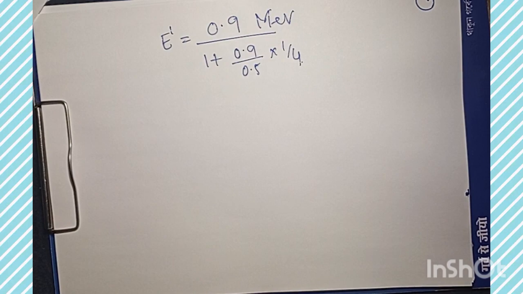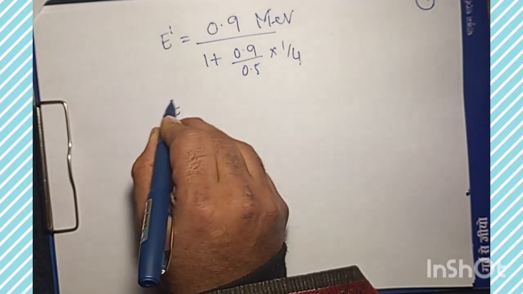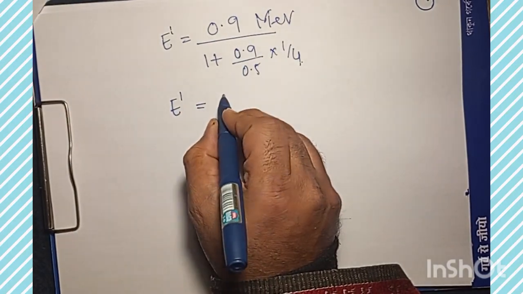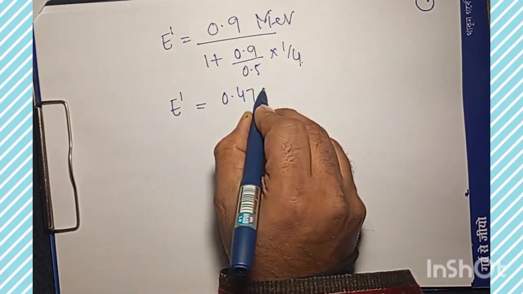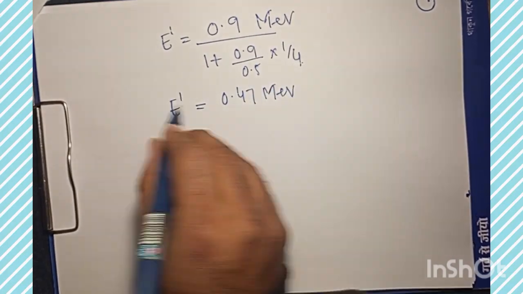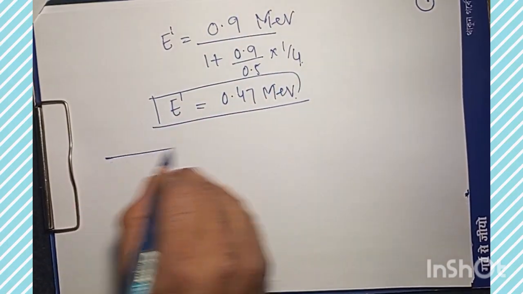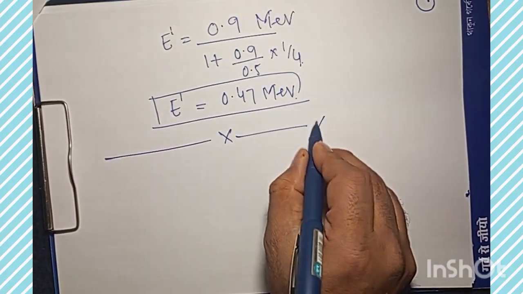That should be the case, right? And when we calculate this value, it nearly comes out to be 0.47 mega electron volt. So this will be the energy of the scattered photon.